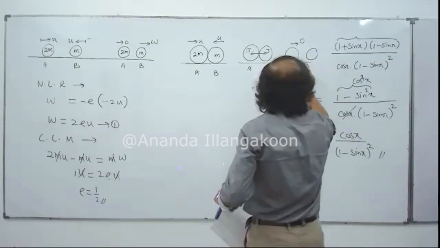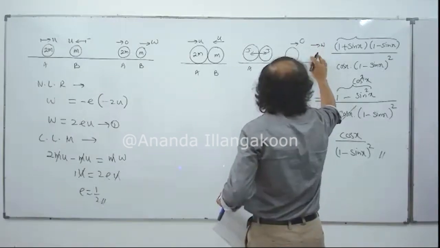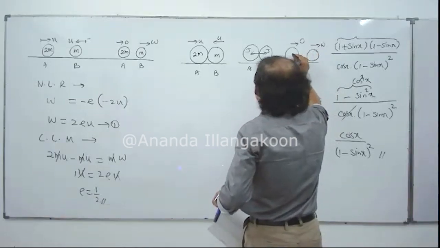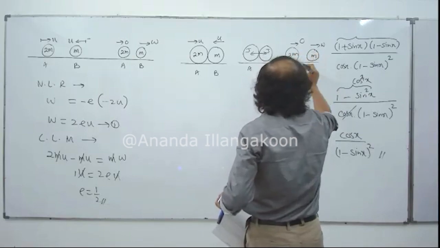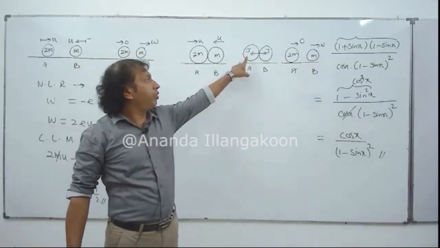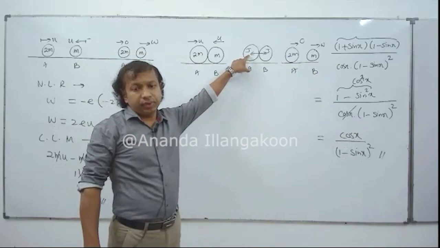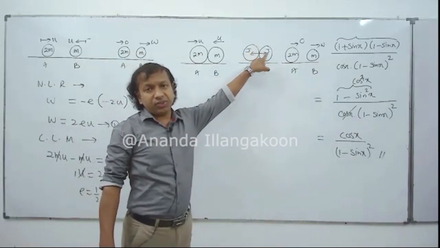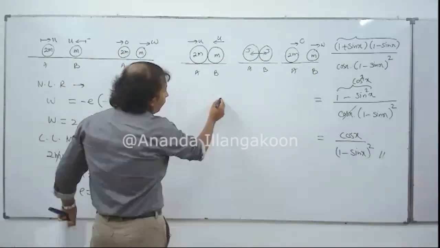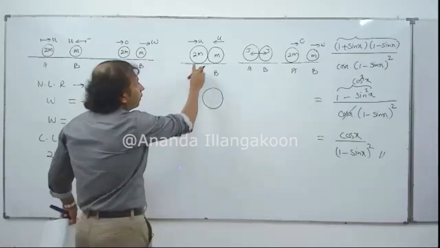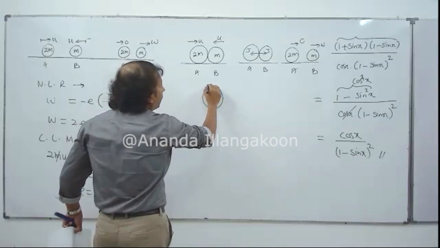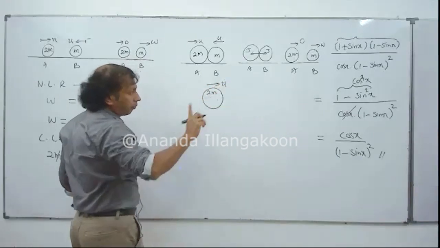But B is moving this way with velocity W. This is 2m, this is m, A and B. Now I'm going to calculate the impulsive force acting on A. It is J, and the same J acts on B. If I consider A, mass 2m, just before impact it has velocity u rightward.